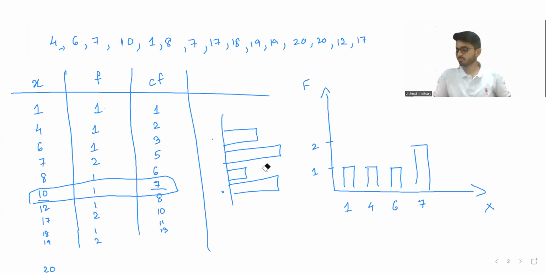This is generally used when we have categorical data. This is also an example of a bar graph only, but in this way, it's generally used when we have categorical data. Okay, it's clear now. Fine.